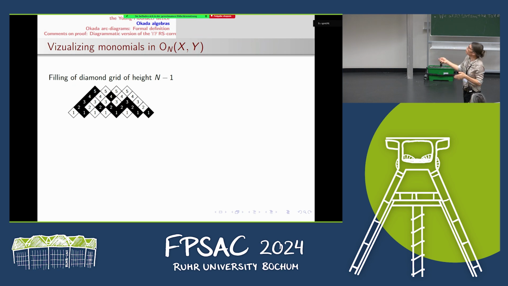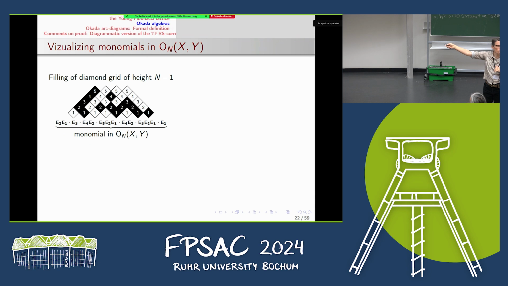Whenever I have such a filling with black tiles, if I read it from left to right and top to bottom, I can obtain a monomial in the Okada algebra. And vice versa, if I have a monomial in the Okada algebra, I can parse it in a certain canonical way so that it's realized as such a filling.